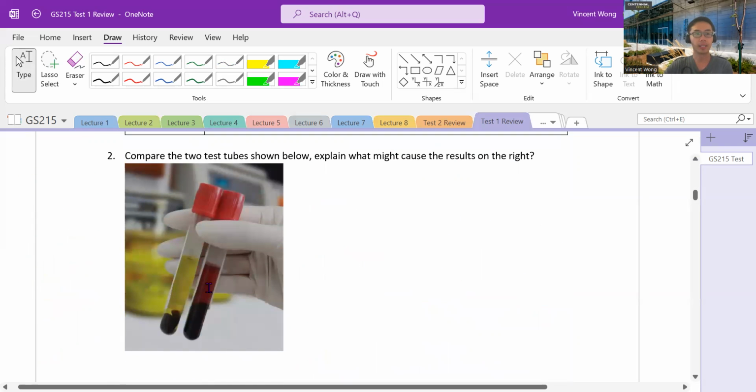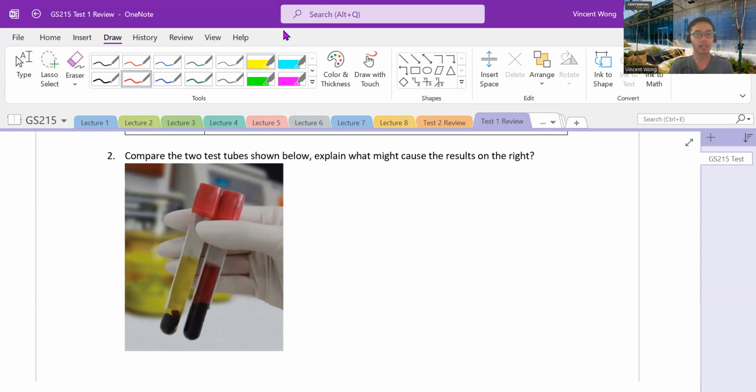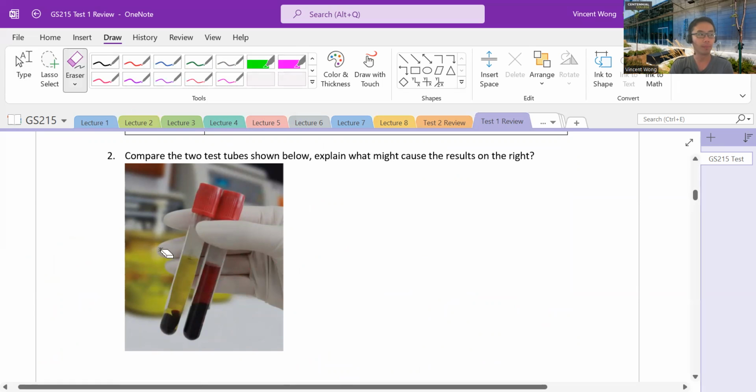All right. Compare the two test tubes shown below. Explain what might cause the result on the right. So what's the problem here? Okay, this one on the left is the normal one. That's what it's supposed to look like when you spin down the blood. You have the plasma here.